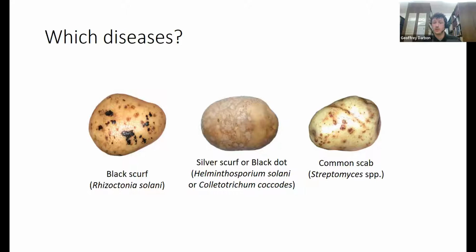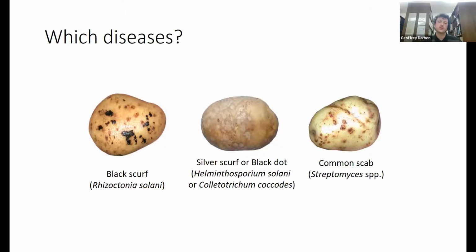But we also registered the symptoms of common scab on the right, caused by the various Streptomyces bacteria. And we also registered silver flecks on the surface. These can be caused either by silver scurf or black dot. These are two different diseases, two different pathogens, but they are not really distinguishable with the naked eye.